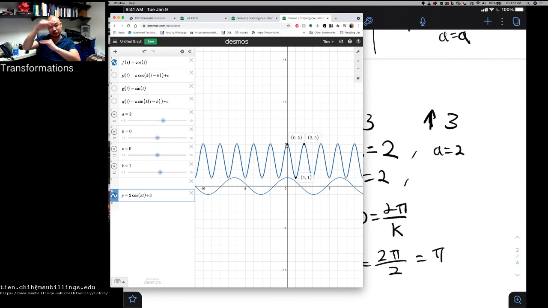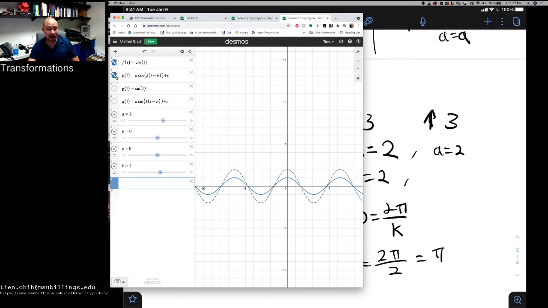If I draw the line y equals 3, that is halfway between 1 and 5, right in the middle. This distance is 2, and this distance is 2, so our amplitude is 2. So all of the things we're looking for check out.